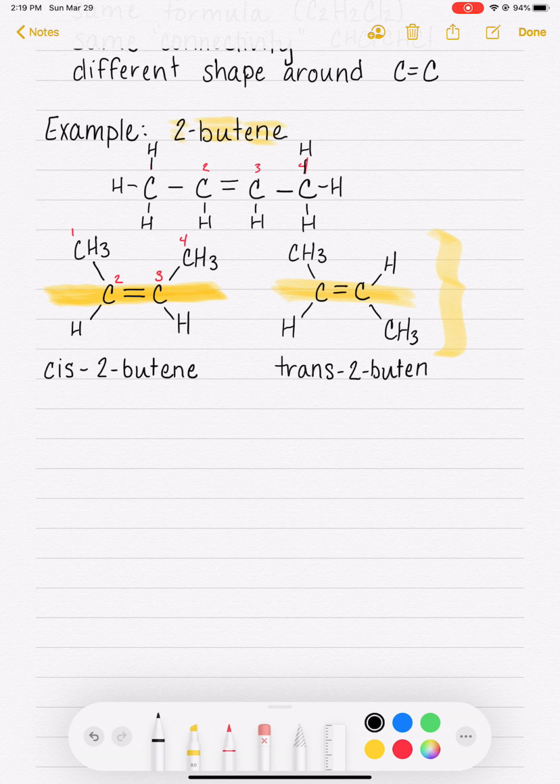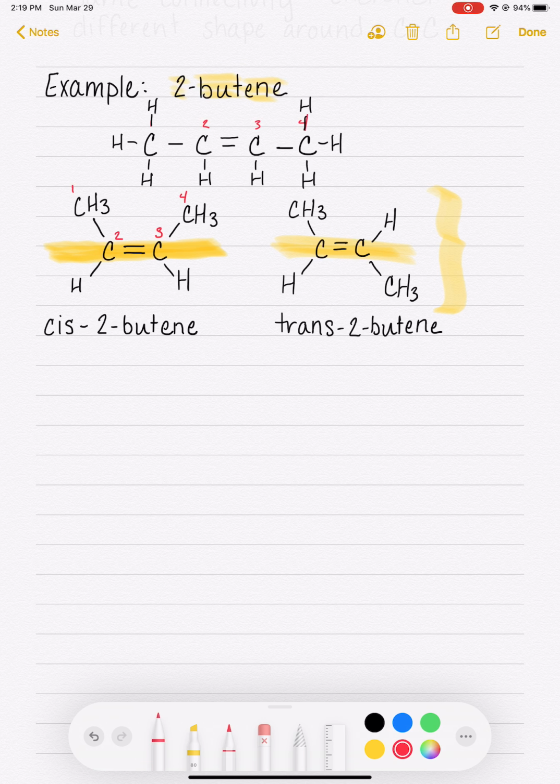Now, one thing that's important to notice, we're going to do some more examples of this on a worksheet, but before we get to the worksheet, one thing that's important to notice is that not all alkenes can exist as cis or trans.